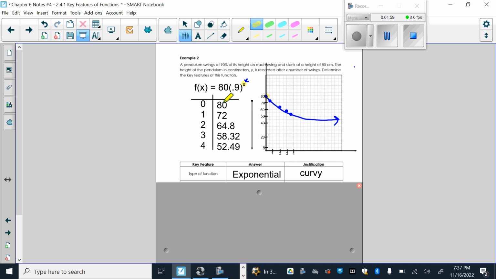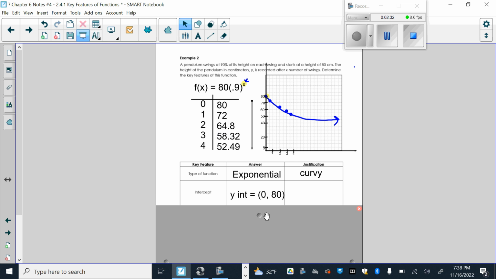If you're looking at our y values, those are not going up or down, in this case down, by a common difference. 80 minus 8 is 72, but 72 minus 8 is not 64.8. So I don't have that common difference. So it's not linear. And looking at the graph, which is curvy, this is exponential. So from our equation, from our graph, from our table, we can see that this is an exponential function.